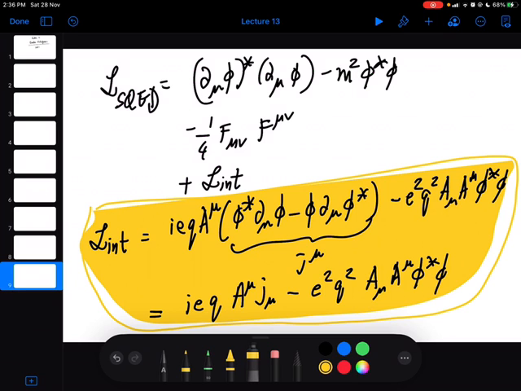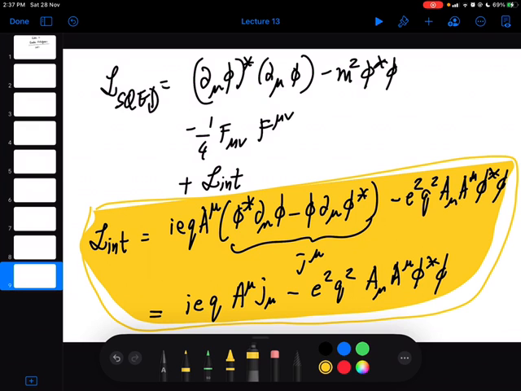So we also got how the interactions happen between different kinds of particles essentially. Here electromagnetic interactions happen between the phi fields. For the scalar fields, how does it experience electromagnetic interaction?